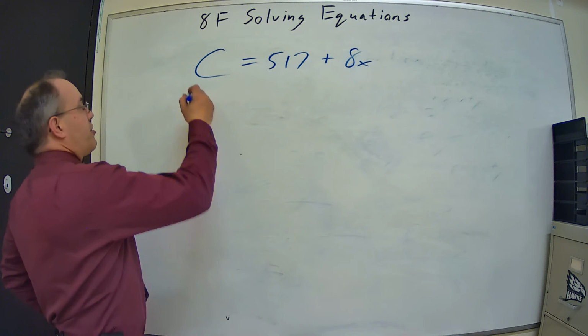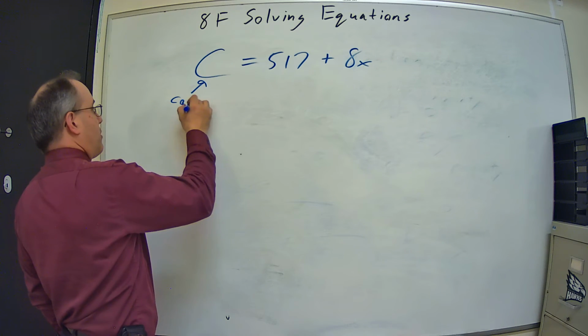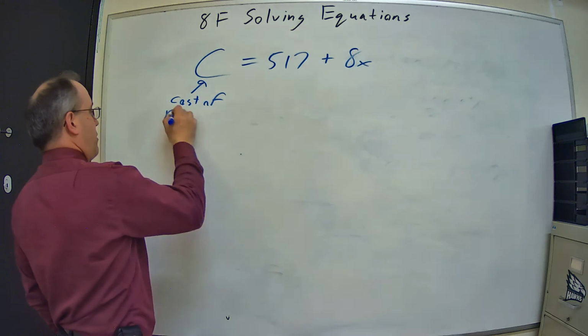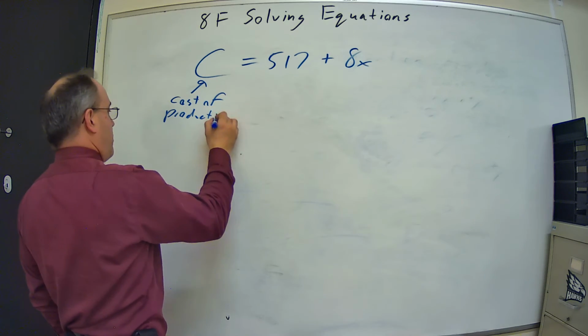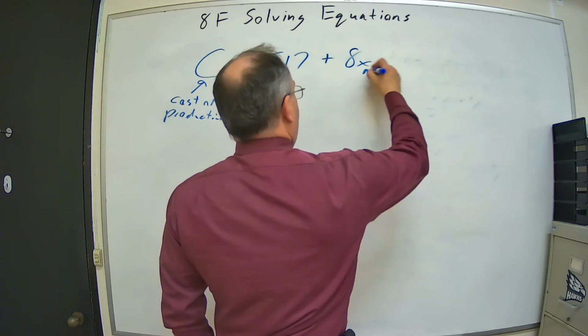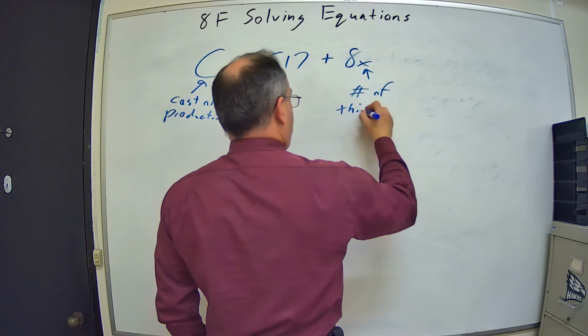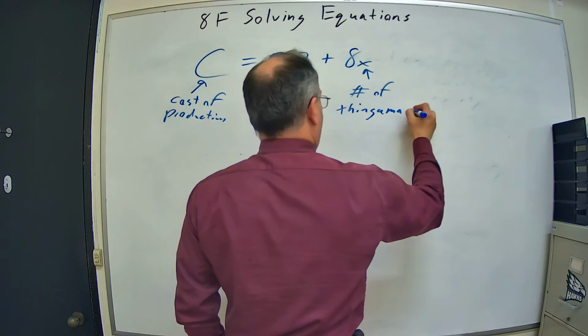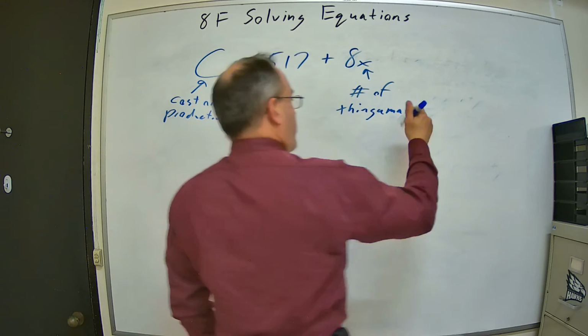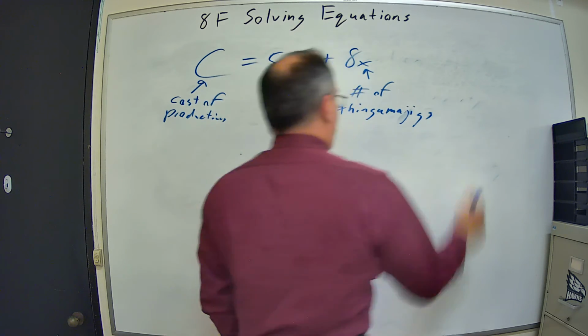C is the cost of production, and x is the number of thingamajigs. How do you spell thingamajigs? I'm not sure, so I'm just going to come up with that.